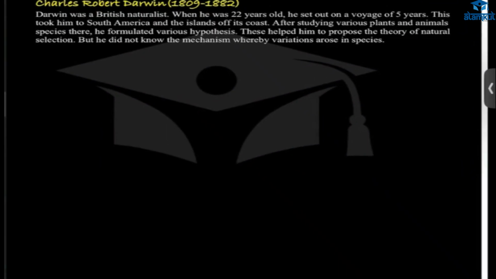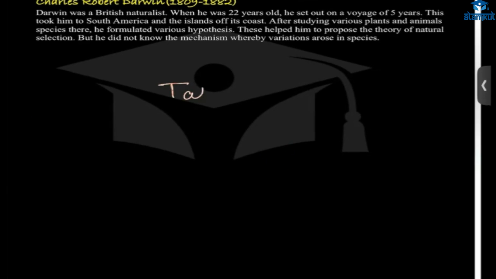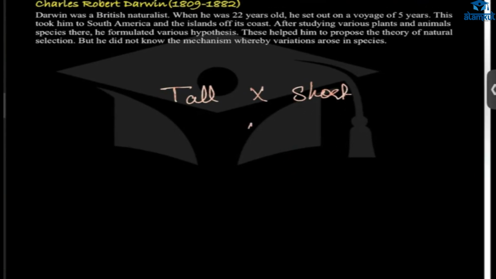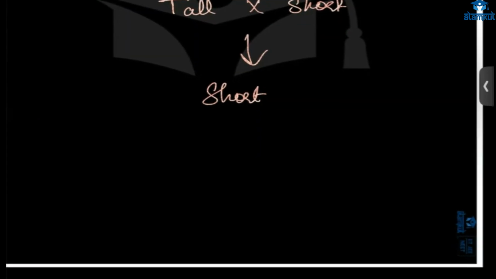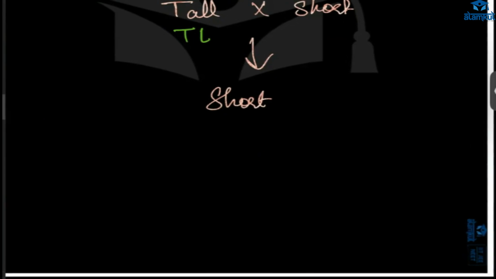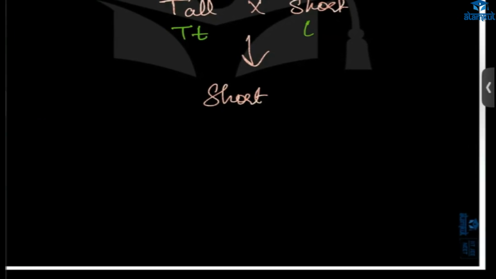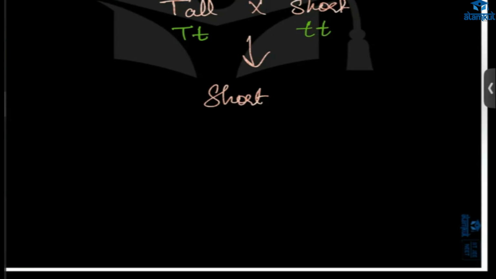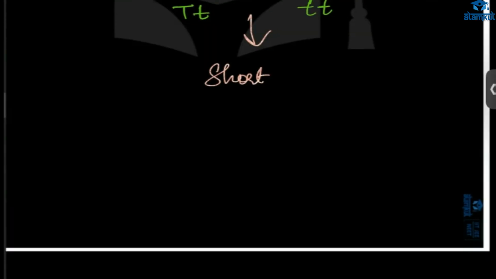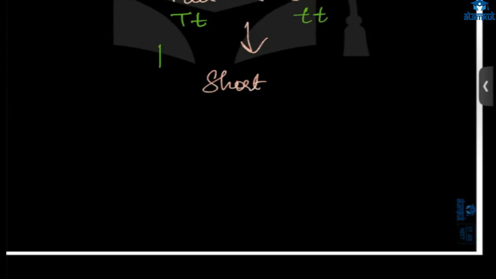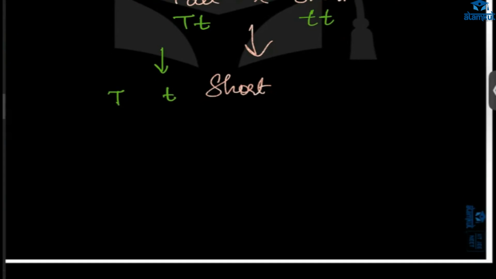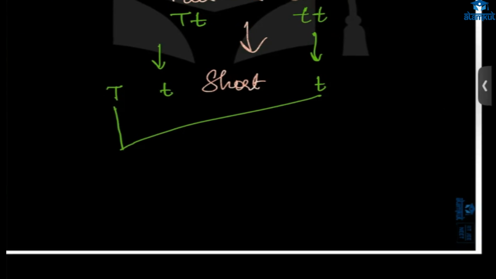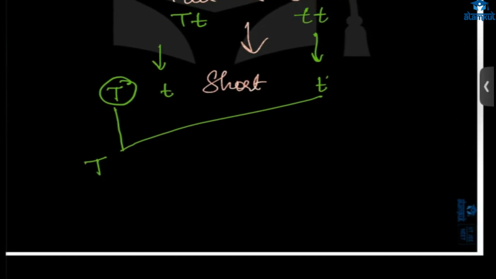Tell me, this was your question, right? Tall into short cannot give short, so how will you get a short one? If the tall genotype is capital T, small t, and the short is small t, small t, then when you cross them, the gametes are T and t from one parent and t from the other.